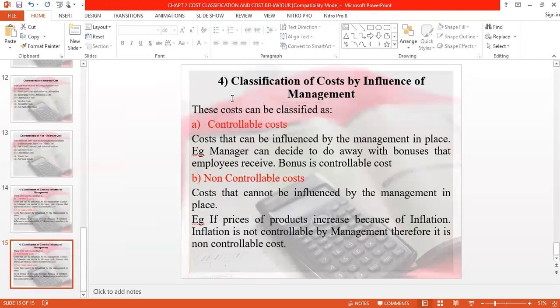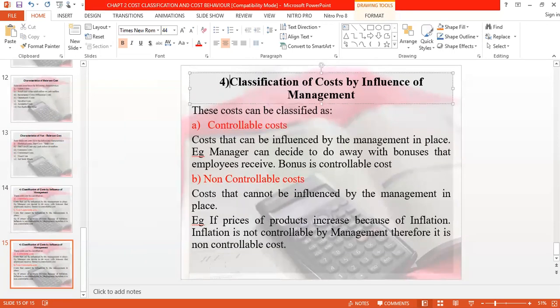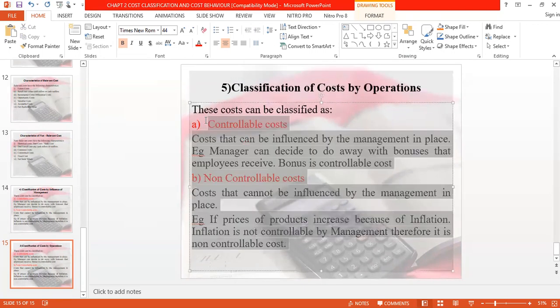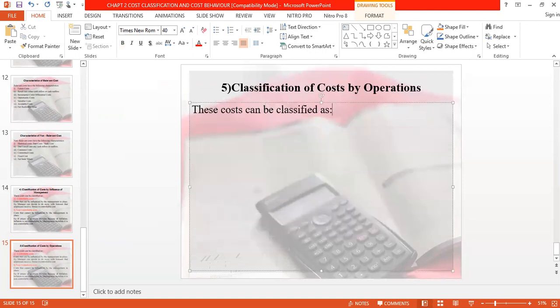Let's continue. Number 5. Classification of costs by operations. Now, classification of costs by operation.